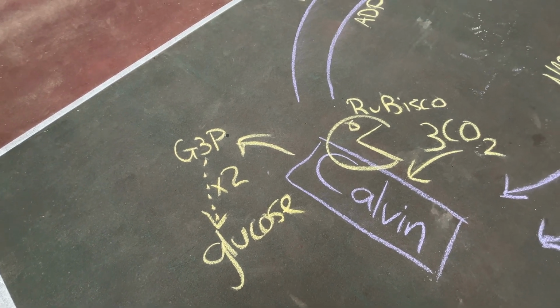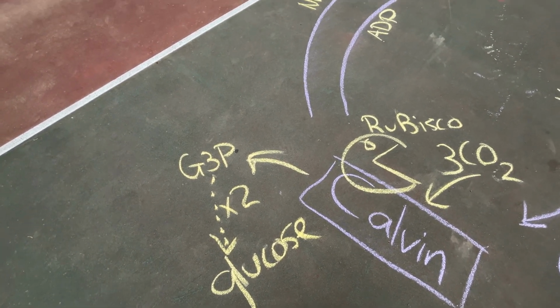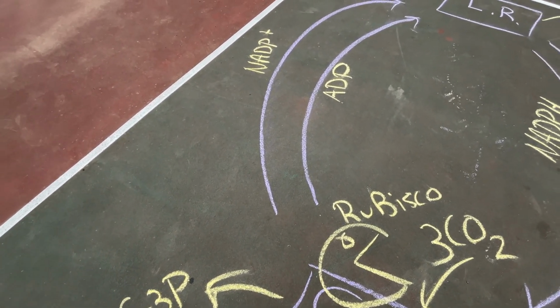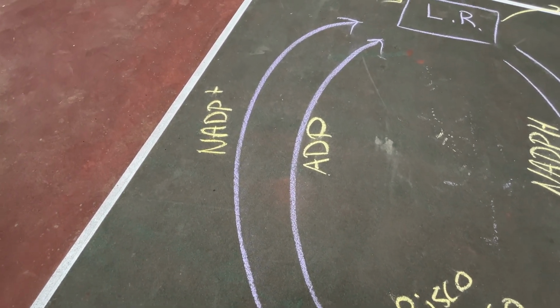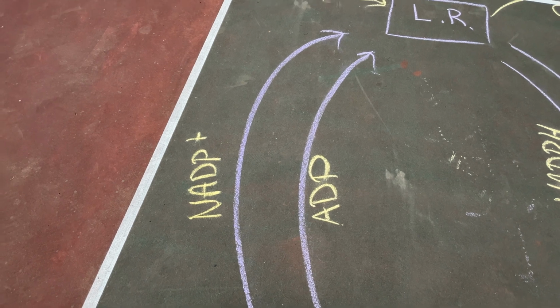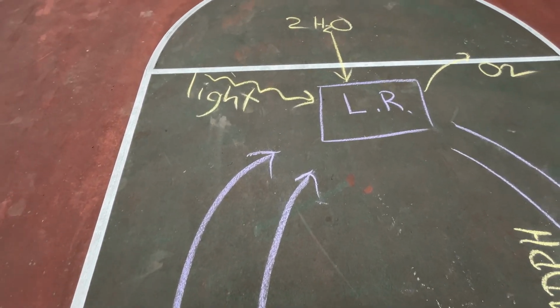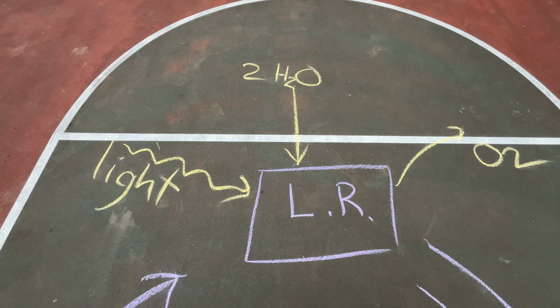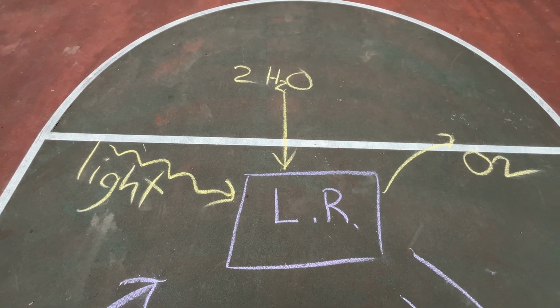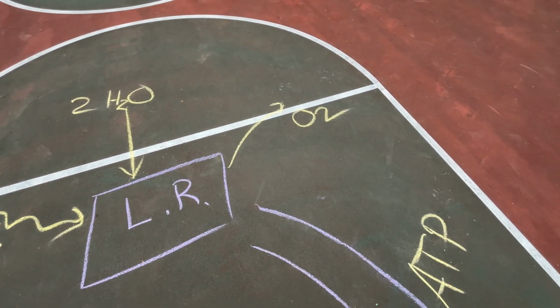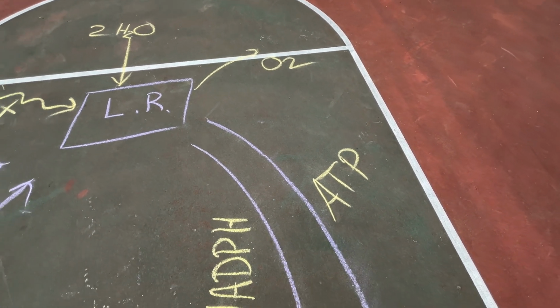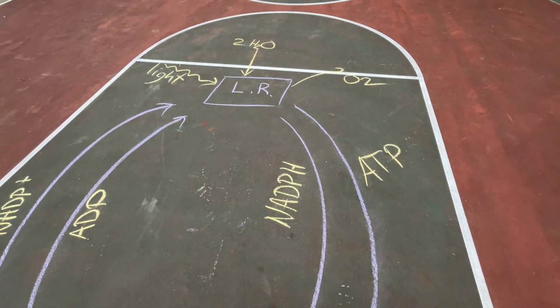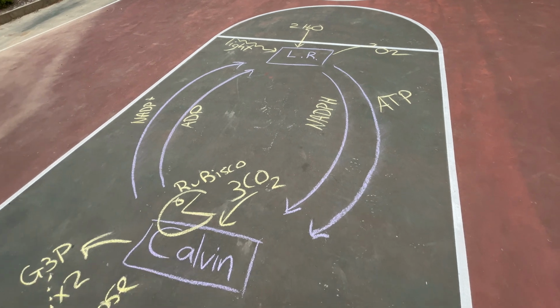Now that the energy has been dumped into G3Ps, we can send these less energized molecules, NADP plus and ADP, right on back to the thylakoid membrane, where sunlight can be absorbed again to get them all charged up so they can continue their little circuit back again. And that is the overview of photosynthesis.